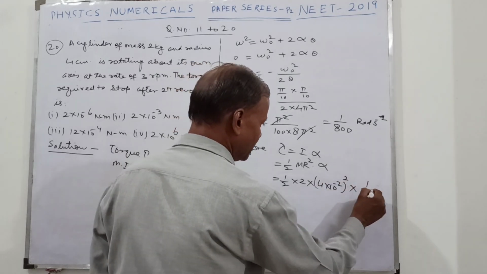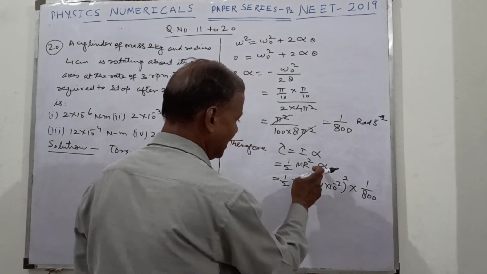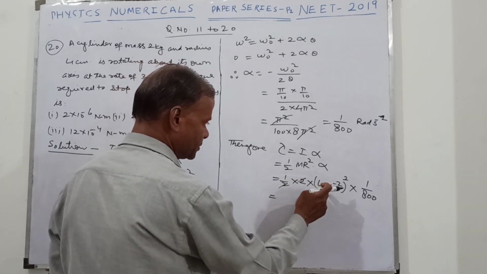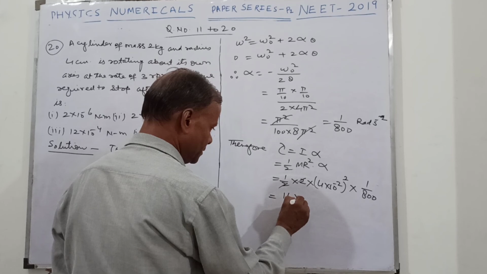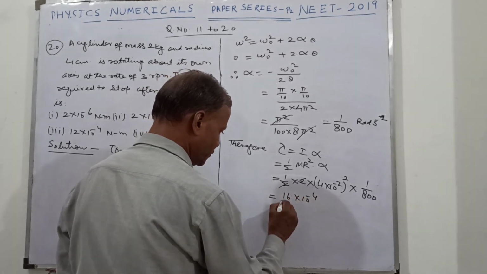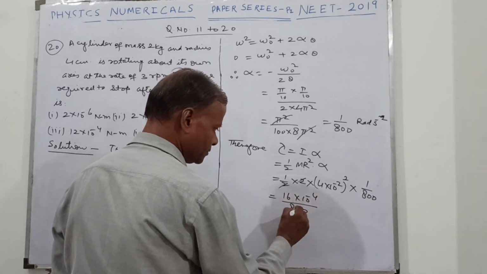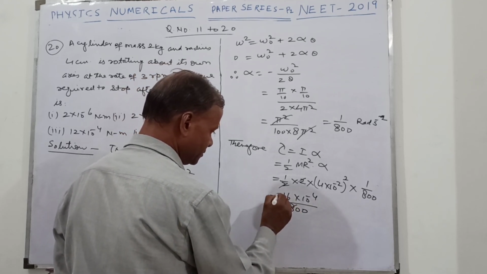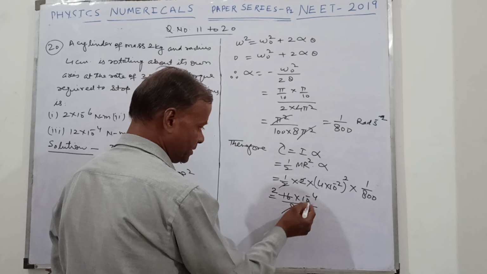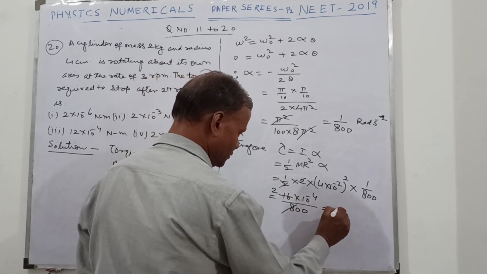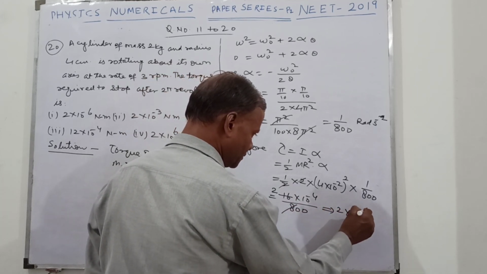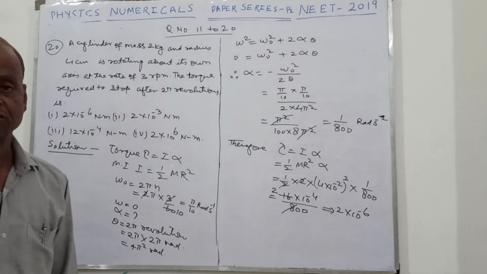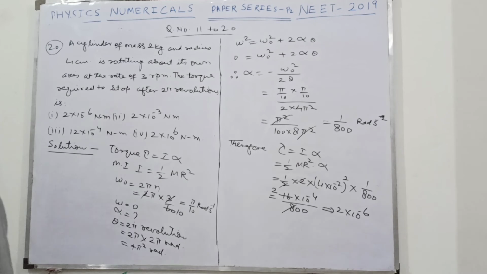Now this is your 1 upon 800 alpha 800. 2 and 2 cancel. This is now your 16 into 10 raised to the power minus 4 upon 800. So now you can cancel it. 8, 16, now 10 raised to the power minus 6. So this is now 2 into 10 raised to the power minus 6. So we need so much torque.